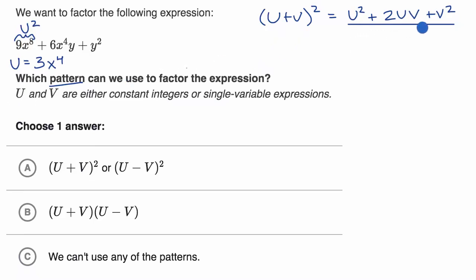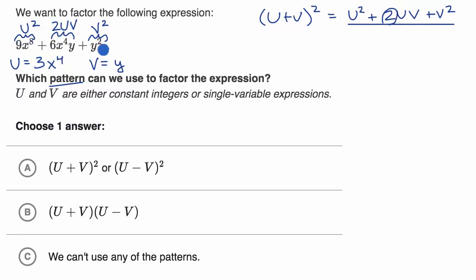And if we said that v squared is equal to y squared, so if this is capital V squared, then that means that v is equal to y. And then this would have to be 2 times uv, is it? Well, if I multiply u times v, I get 3x to the 4th y, and then 2 times that is indeed 6x to the 4th y. So this right over here is 2uv.